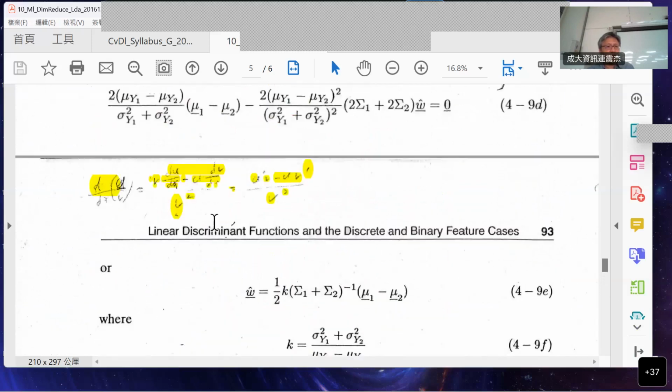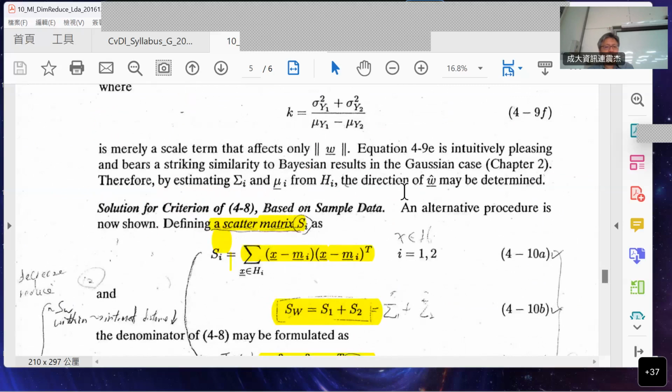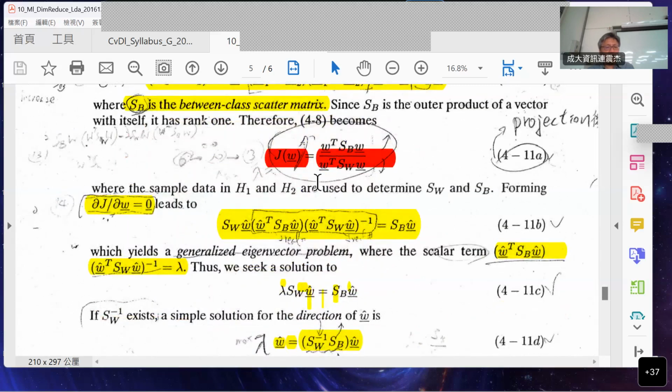You have a numerator and denominator, and we try to take the derivative. So the equation here becomes v squared, and u derivative u times v minus u times derivative v. After this, the derivative equation, the result becomes this one.